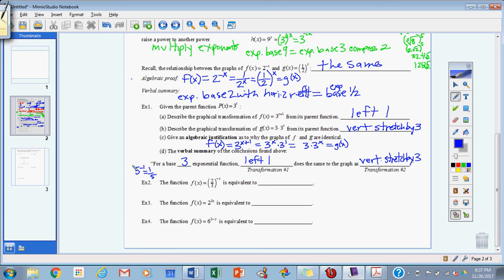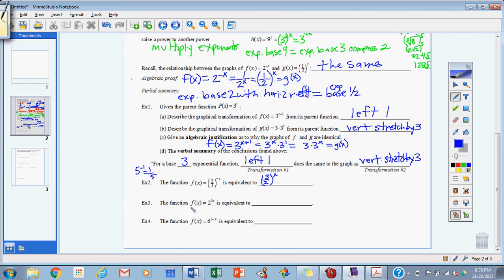So you're taking the reciprocal. So it's the same as 3/2 as a base to the positive x power. Speaking this out, this would be base 2/3 with a horizontal reflection, which is equivalent to a base 3/2 exponential function.